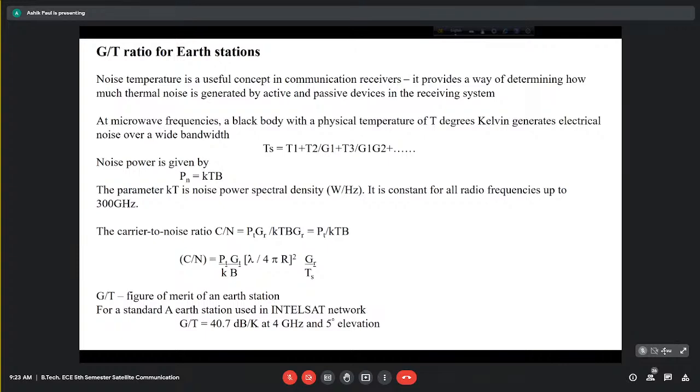And also, there is a high frequency as well as a low frequency part of the receiver. The initial receiving stage up to the IF amplifier stage is the high frequency part of the receiver, having read about the superheterodyne receiver, and the subsequent portion is the low frequency part.